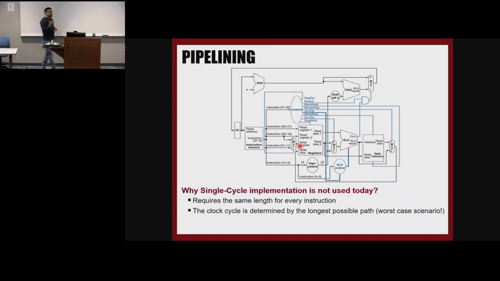This sounds interesting because it's simple, right? If you are familiar with combinational and sequential circuits, this can be implemented in a combinational way. You don't have to clock it. But there's a big problem: when you have many different processes happening in one clock cycle, your clock cycle should be long enough that you can get the data.